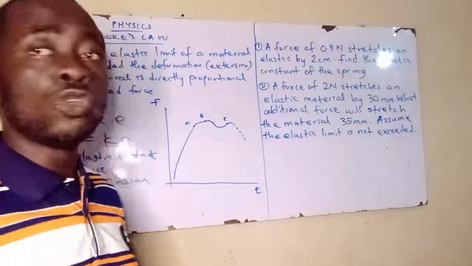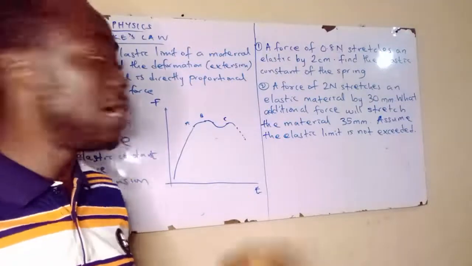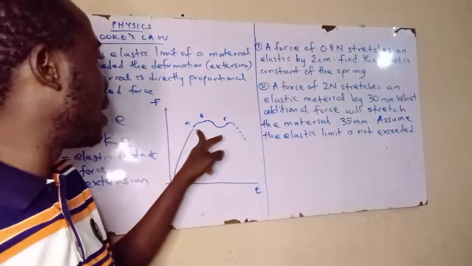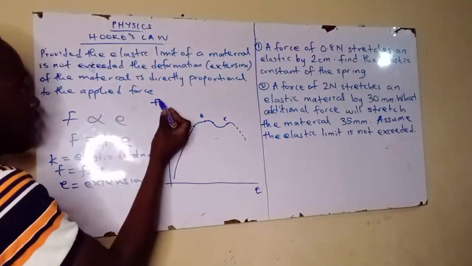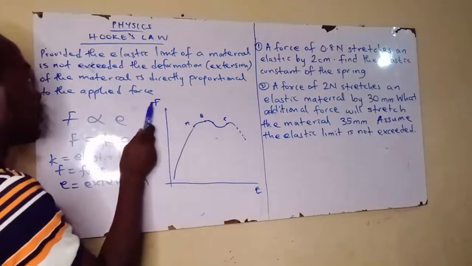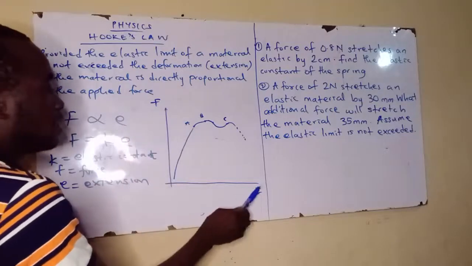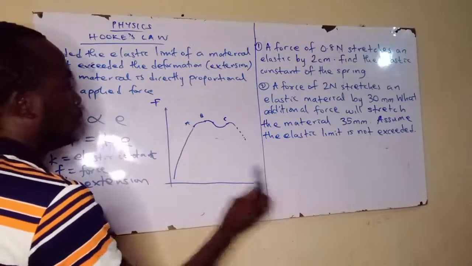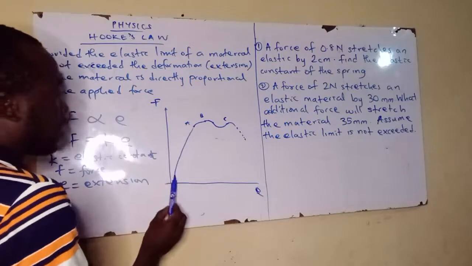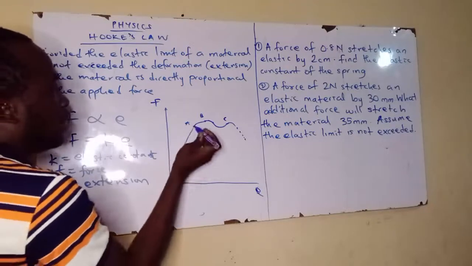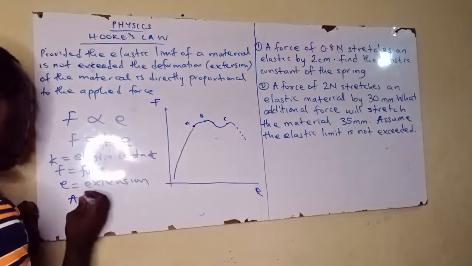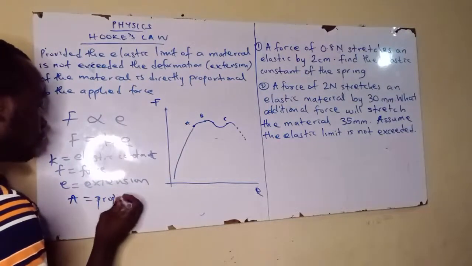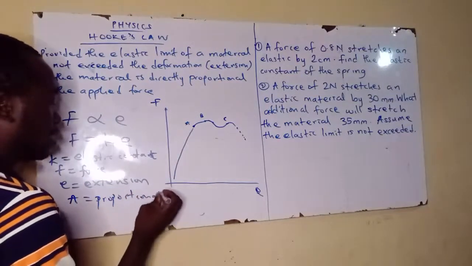Now, he also did some experiments. They all come up with this graph, where this is the force and this is the extension. Now, this is the material. If we stretch the material until it gets to point A, that is called the proportionality limit.